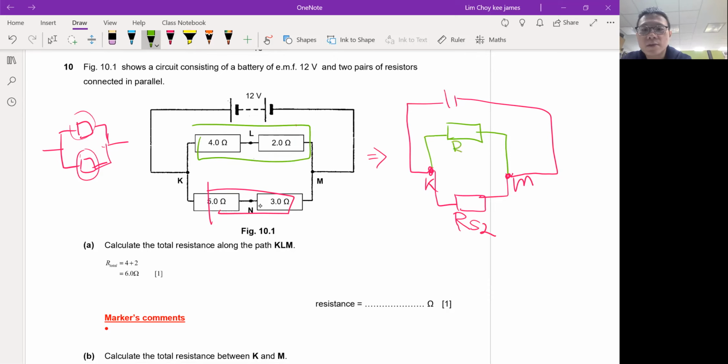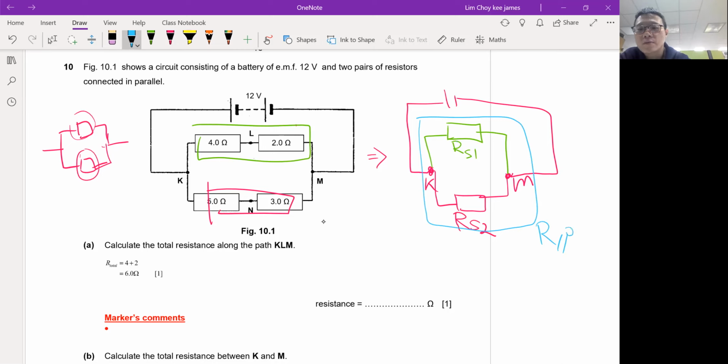This will be series 1. Now once you have this, you will find that these two are parallel to each other, so you can sum them together. This is how I reduce the circuit, from a 4 resistor circuit down to a 2 resistor circuit, and finally to a single resistor.